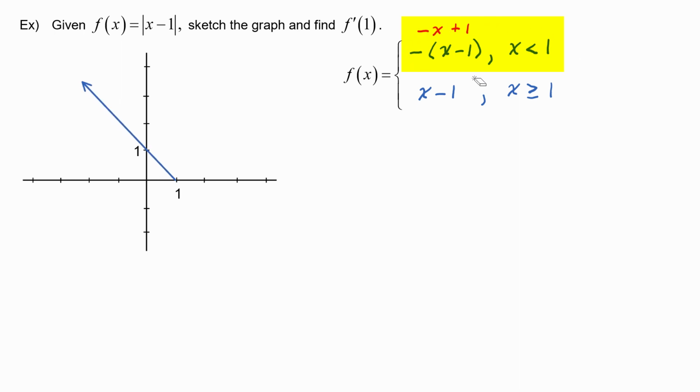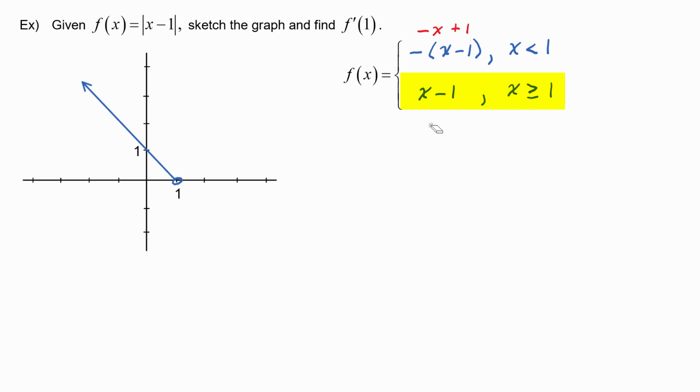And of course, for this portion, we would have an open circle at x equals 1 because it's not included. Then for x greater than or equal to 1, we have a line whose slope is 1. We know the y-intercept would be negative 1, but we don't plug x equals 0 into this part.